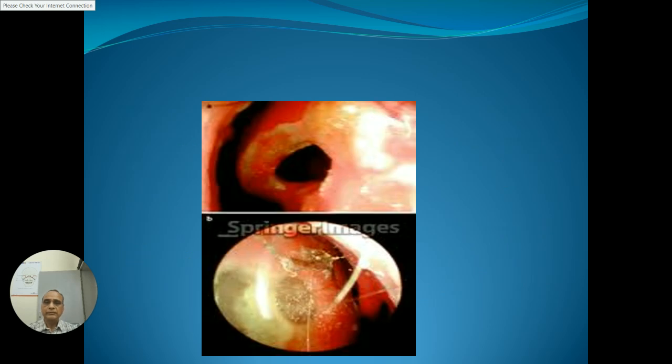These are a few clinical photographs whereby you can see how the nose appears. It is just as a routine, but you have to look for the septal perforation, which is seen here. You can see the perforated septum and take a biopsy from the area, and you can see typical tuberculous characteristics in your histopathology examination.